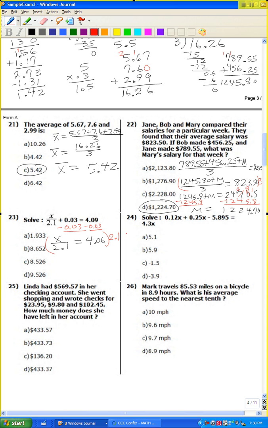So if I do that, the 2.1s cancel. And I'm going to get 8.526 just by multiplying those together. And so you get C.